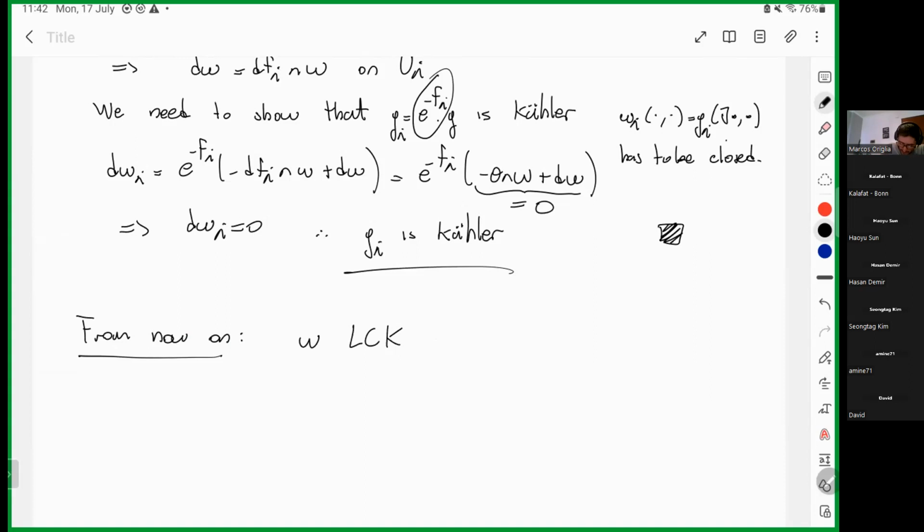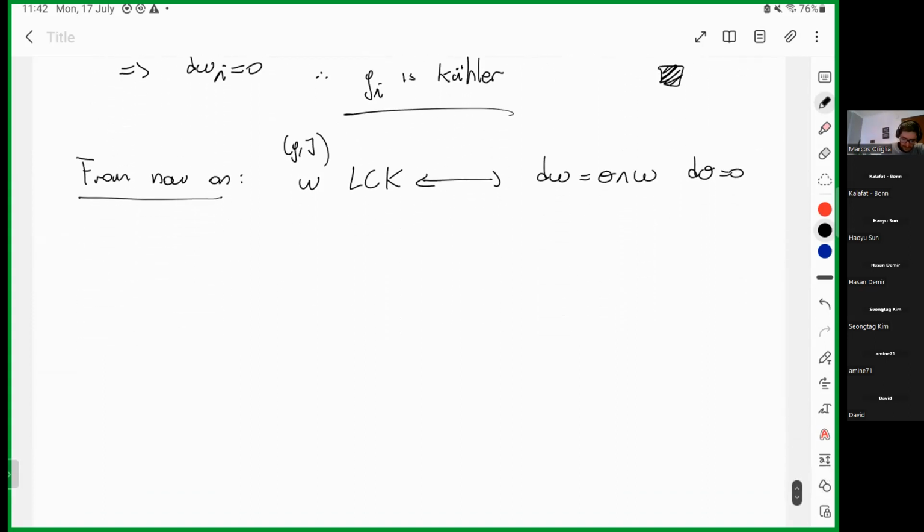I mean, I'm omitting the detail, but yeah, you can say ω or just g, J. But what we mean by locally conformally Kähler is just that this condition is satisfied for a closed one form θ. So this is the best characterization to work with.